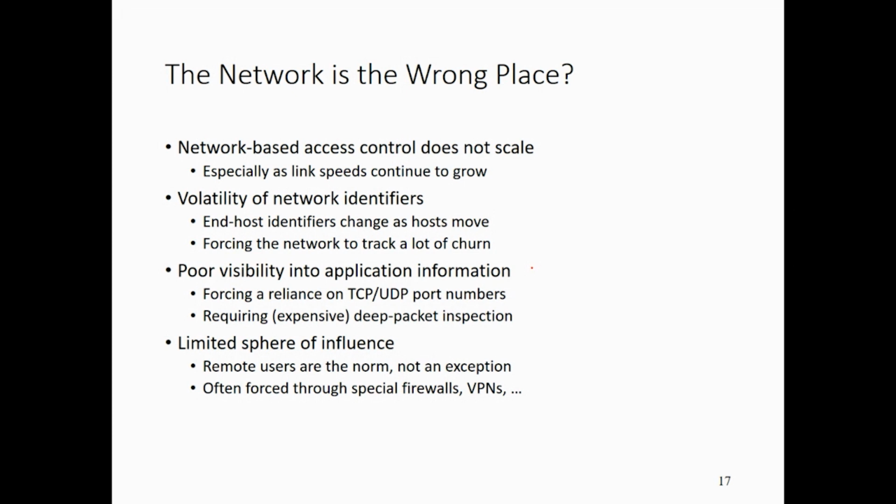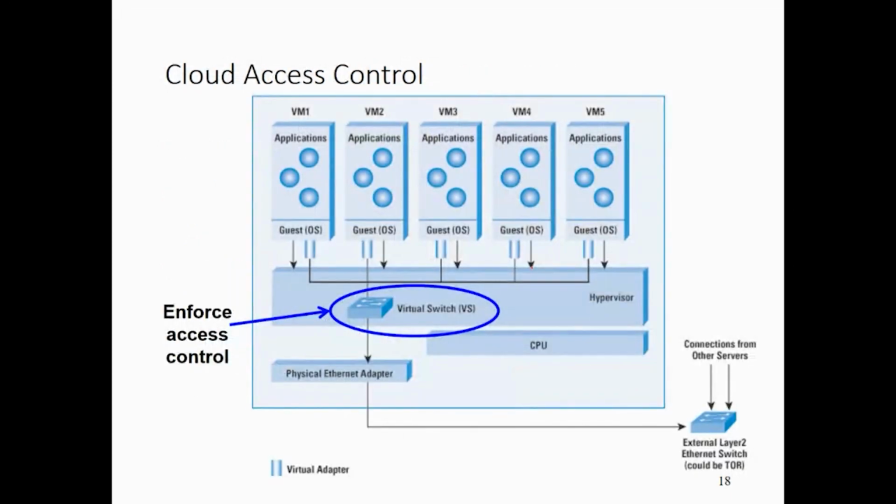That's because of network access bandwidth, poor visibility into some type of application, congestion at the firewall or VPNs, or a limited sphere of influence based on the remote user and exceptions. We have another type of access control. So we have 2 types now, the access control matrix and the dynamic access control.